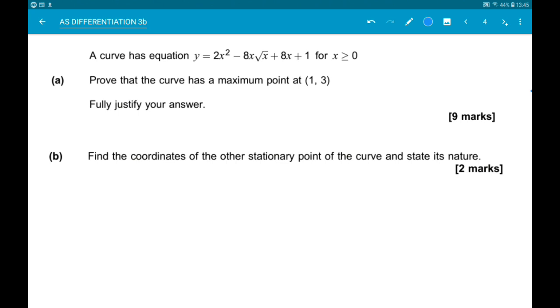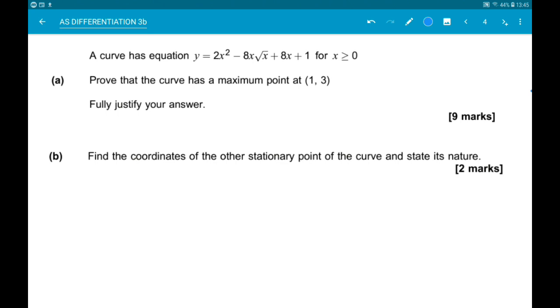We want to prove that the curve has a maximum point at 1, 3. 9 marks. Okay, so to get all 9 marks, we need to check everything, including that the point even lies on the curve. So let's check that first of all.